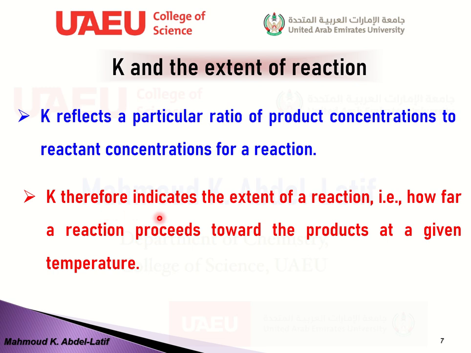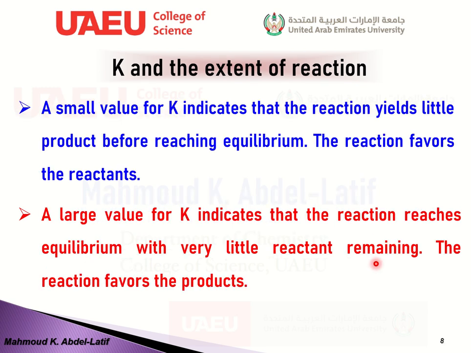K therefore indicates the extent of the reaction, that is, how far the reaction proceeds forward to the products at a given temperature. For example, a small value of K indicates that the reaction yields little product before reaching equilibrium, so the reaction favors the reactant.